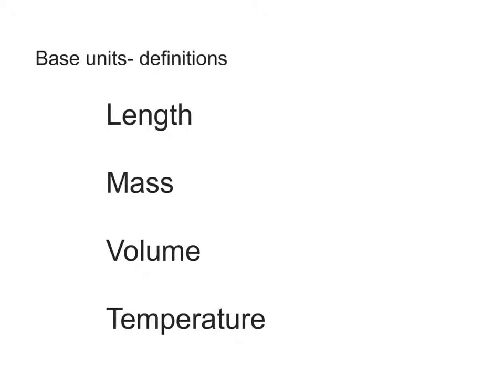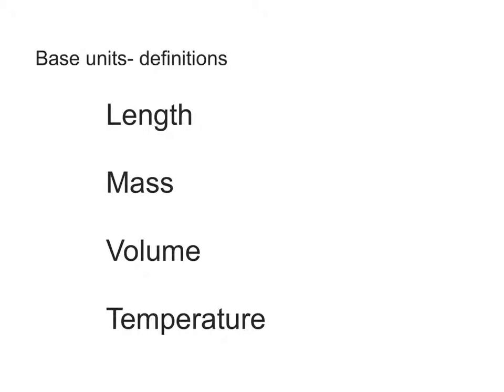So mass on the moon is the same as mass here on Earth, but your weight on Earth is more than your weight on the moon because the effect of gravity is different upon your mass. It's very important to know that mass has to do with the amount of matter and will always be constant. Weight has to do with gravity pulling on your mass, and it will vary from place to place.